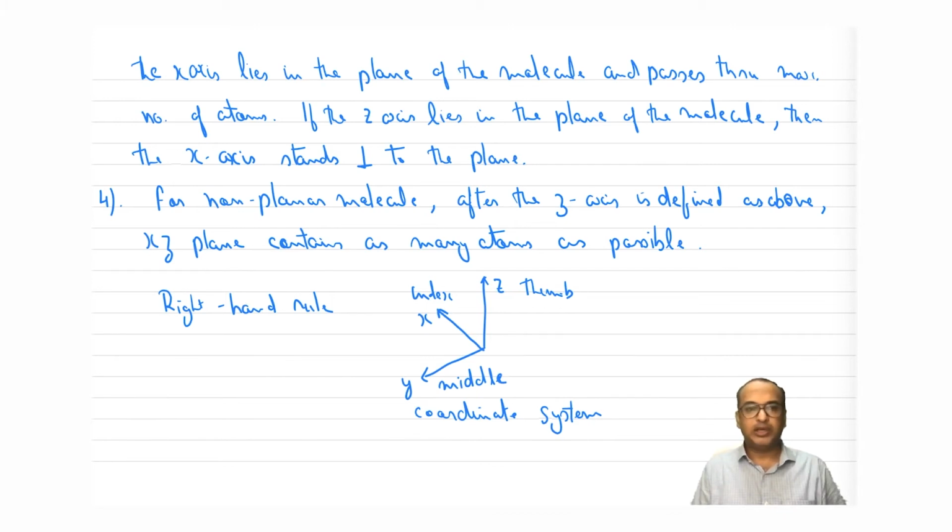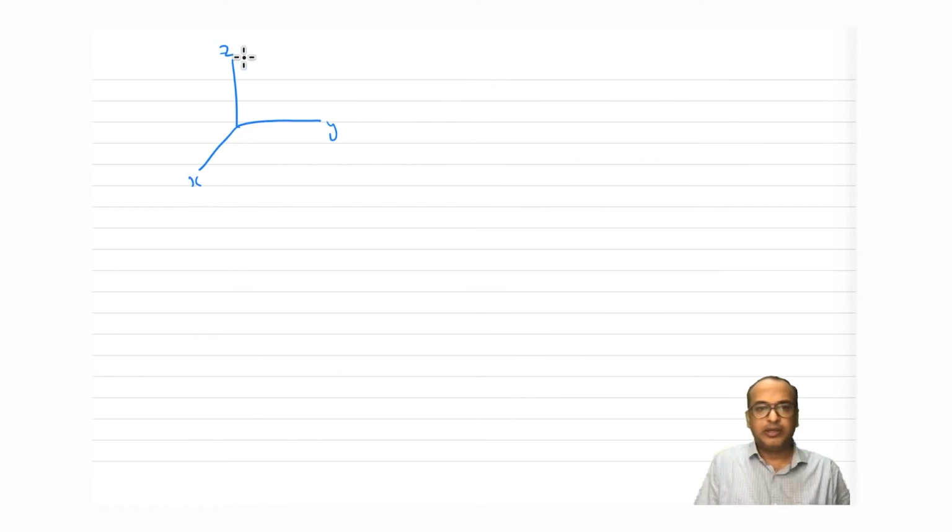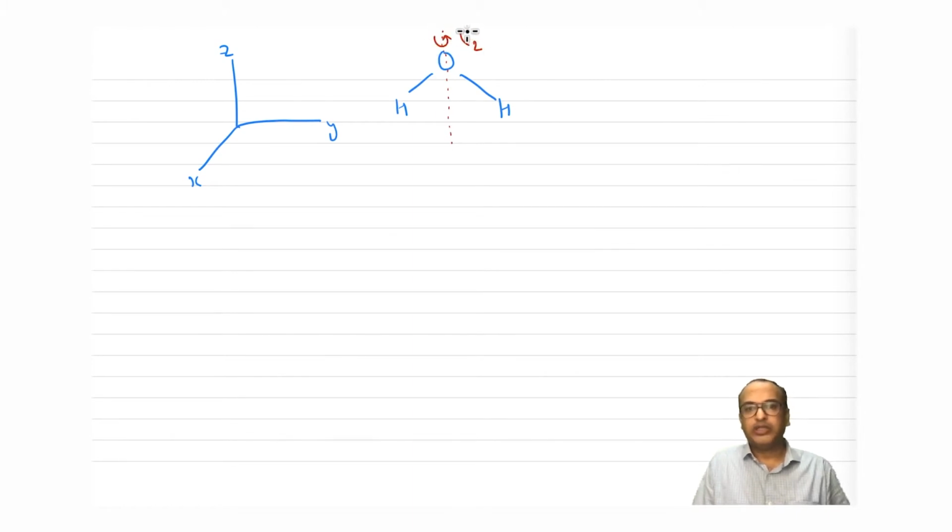So now let us quickly look at an example. We were discussing the right hand rule; a right hand coordinate system can also be oriented like this. Let's say we have a water molecule. In this case, where is our principal axis? Principal axis is C2, which is lying in the molecular plane.